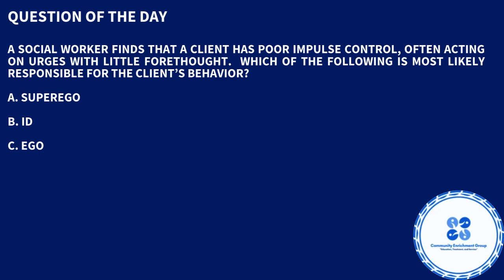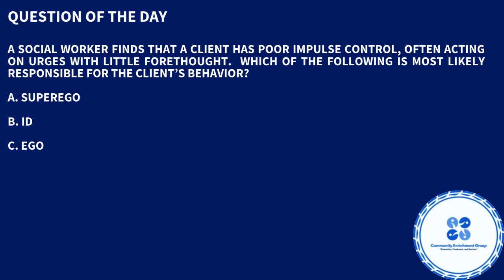If you can remember, the superego operates as a moral conscience. Again, the superego operates as a moral conscience. What about that ego? The ego is the realistic part that mediates between the desires of the id and the superego.